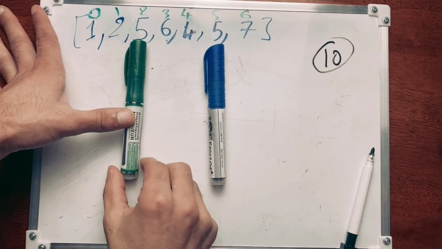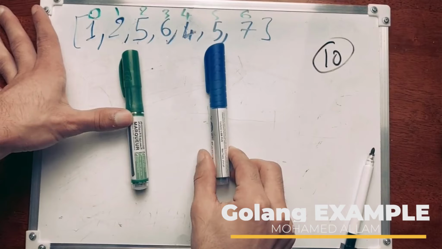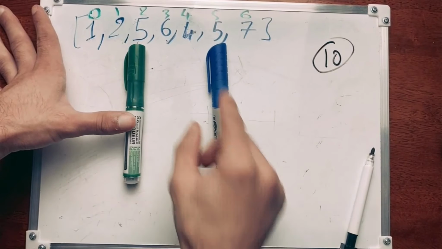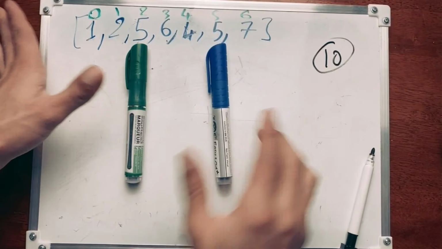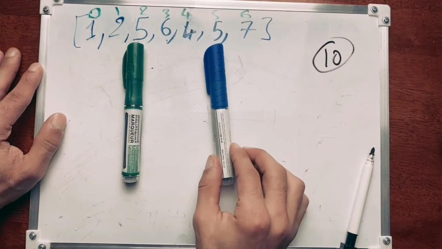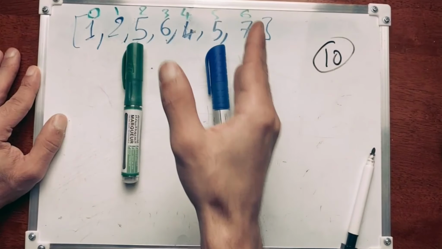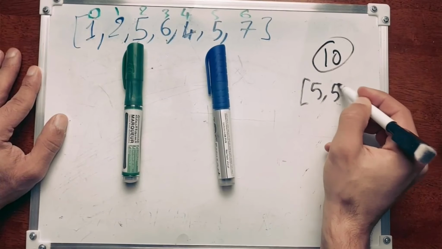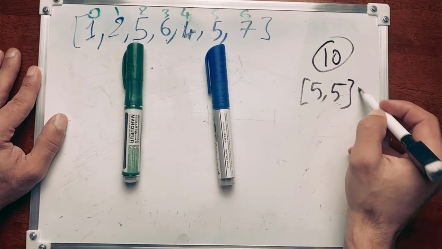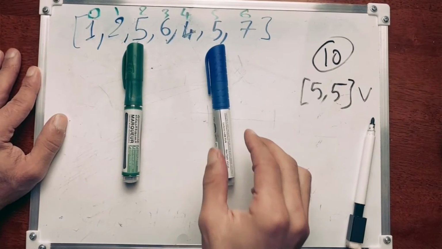So now, given this is I and this is j, they both point to 5, and the sum of 5 and 5 is 10. Here we stop, and we return 5 and 5, like this. Two values, right? So we return this as the response of this algorithm.